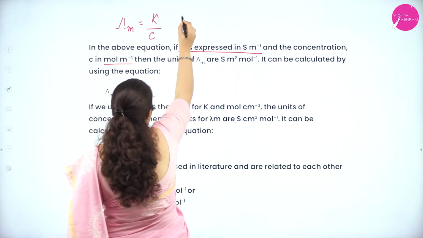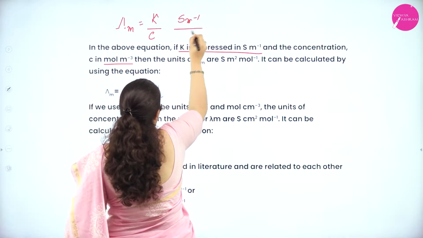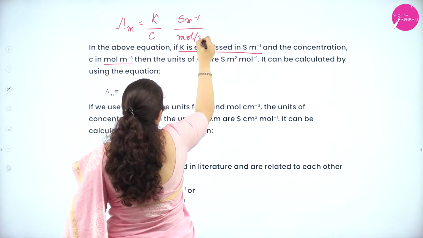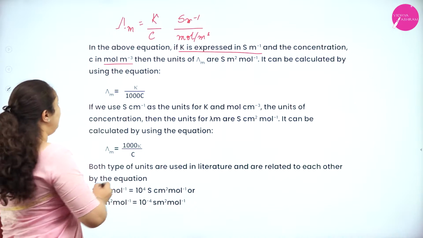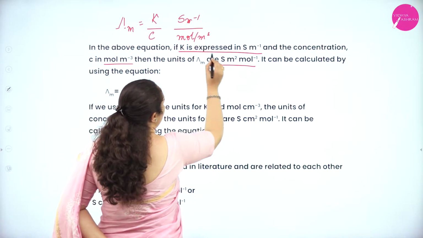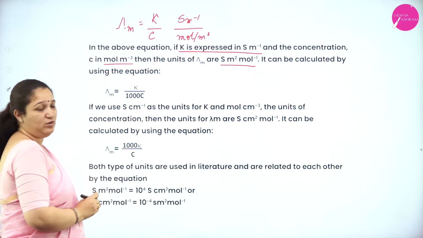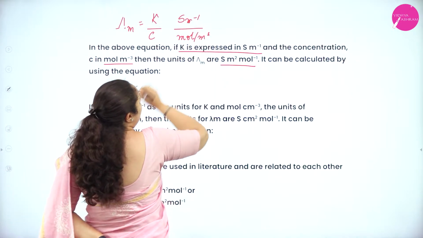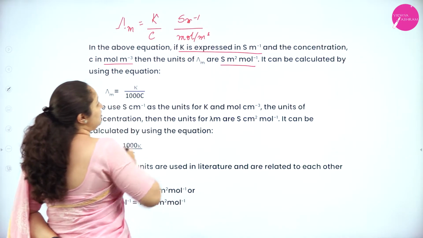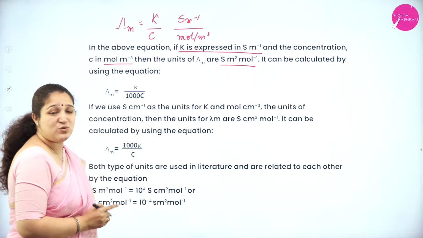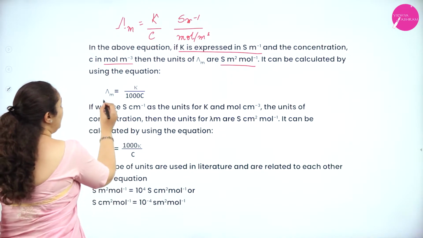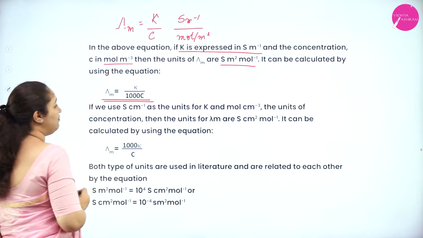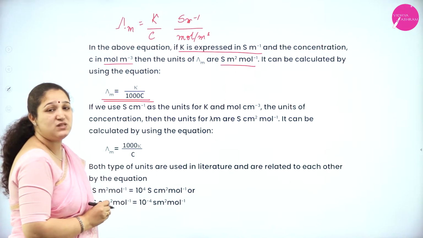If this is in Siemens per meter and this is in mole per meter cube, then the unit of lambda m is Siemens meter square per mole. Correct, no? Here per meter square gets cancelled. So, you will get the unit Siemens meter square per mole, and it can be calculated using this formula: lambda m is equal to kappa by 1000 C.